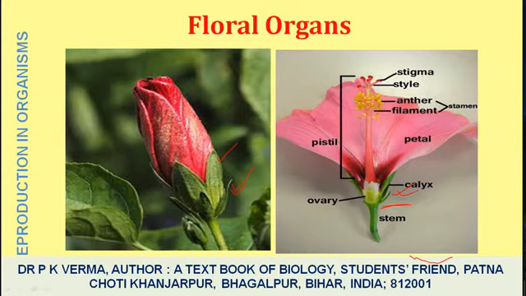The second essential part of the flower is the corolla. The corolla is made of petals, which are colorful here, and then the third whorl androecium and the fourth whorl gynoecium are there.